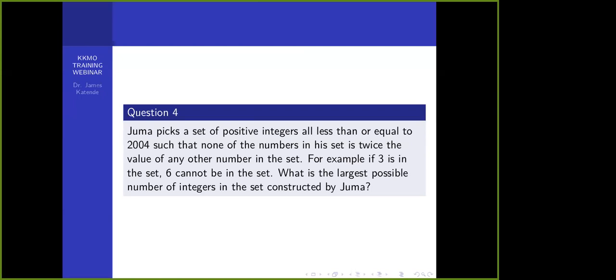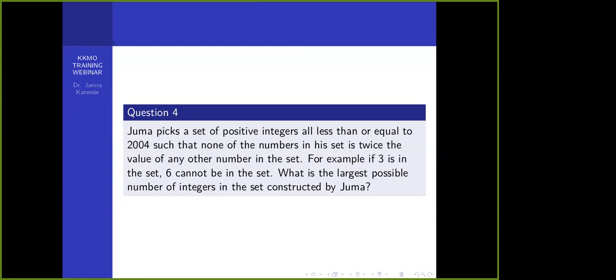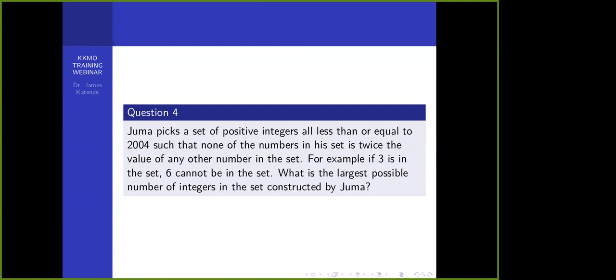Now I'm saying after you've excluded some of the numbers. I don't know how to explain it. But 4 must be one of the numbers so far. You can see why 4 must be one of the numbers selected.